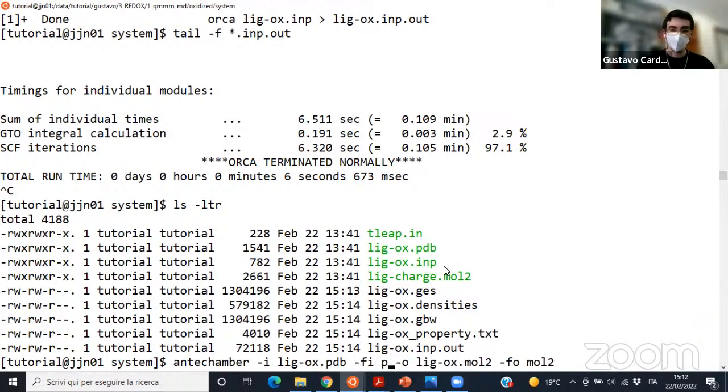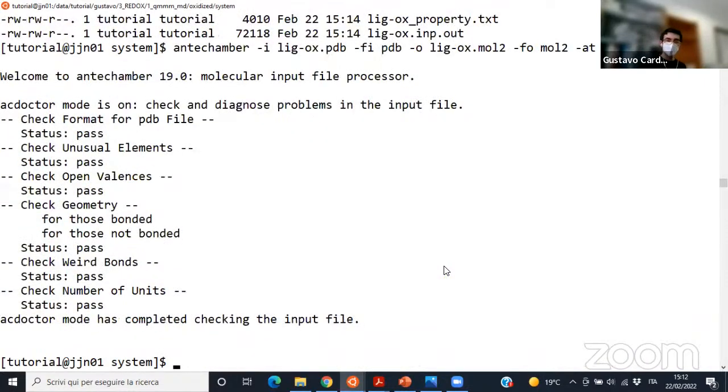So this is the format: PDB, the format of the input, then -fo mol2, and the atom type, which is GAFF. I think it does it by default, but I still write it because I want to make sure that it does what I want it to do.